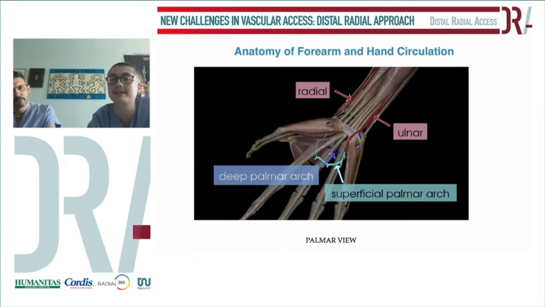So it means that the first three fingers are supplied by the radial artery, and the last two or three fingers are supplied by the ulnar artery. And it's important because, as Gabriele already told us, the superficial palmar arch is provided by a proximal branch of the radial artery. And in case of proximal occlusion, so at the level of the wrist, we can have a blood flow problem in the superficial arch.